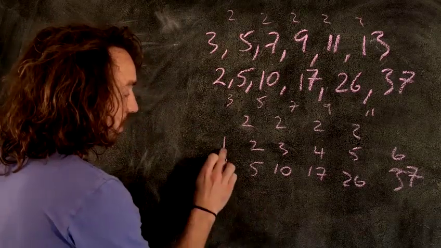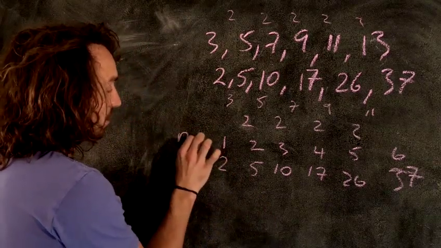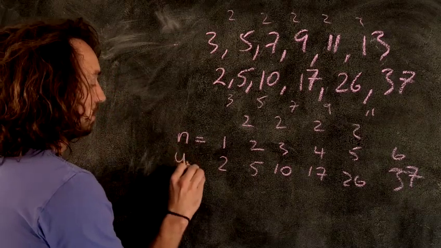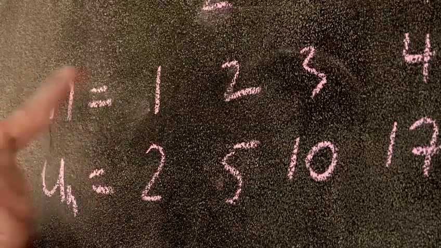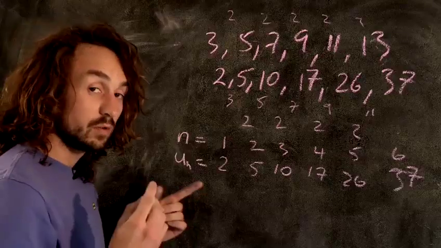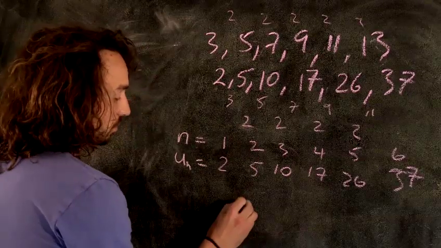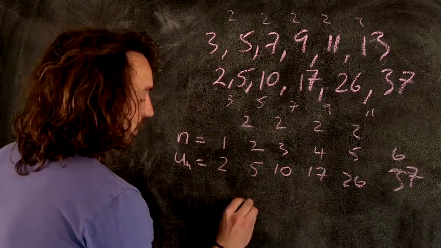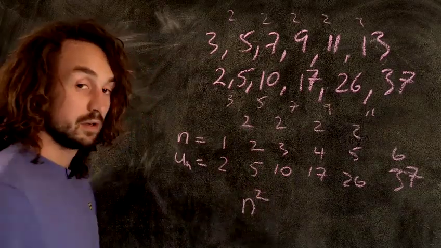If I take my n number and want to find out my u number, using what I just said, half of 2, we halve 2 and put it in front of n squared.